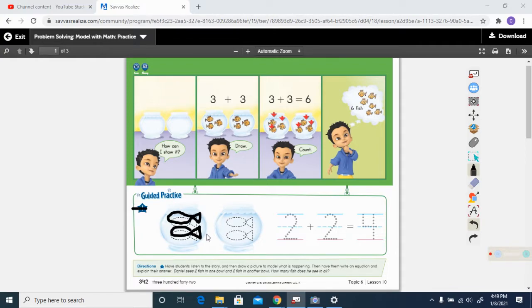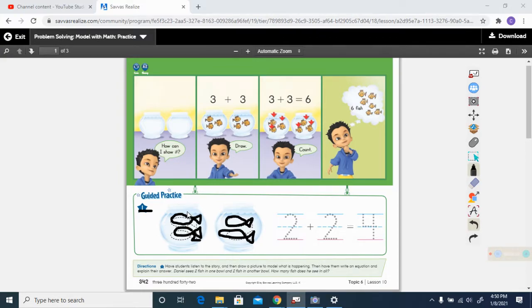Then we have, let me get those moved back down. Somehow they moved around. Now we have 2 fish in another bowl, so we need to draw them in the other bowl too. Whoops, that one went a bit sideways on me, but at least he stayed in his bowl pretty well.